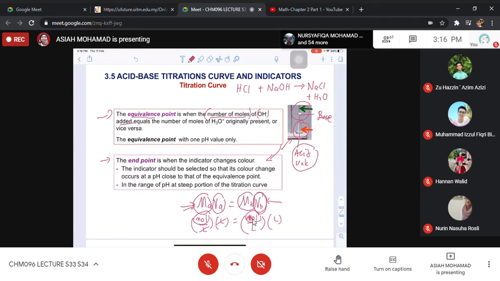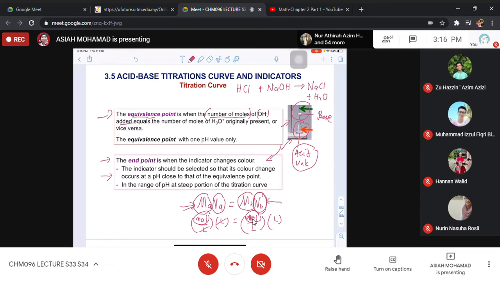The end point usually is just slightly after the equivalent point. Once there is a bit more OH minus than H3O plus originally present in the flask, the color of the indicator will change.